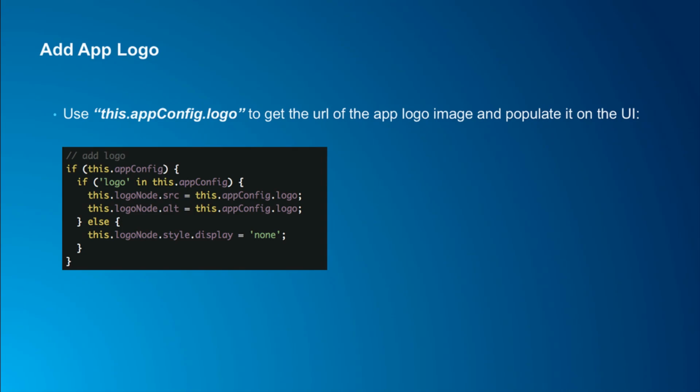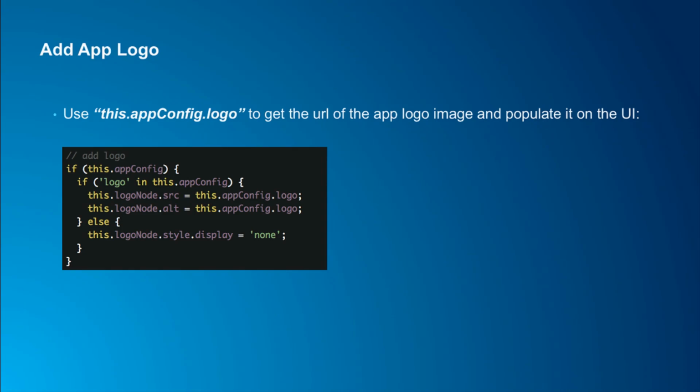Then we get into the step to actually add or define the user interface for that sidebar controller. So the very first step is to get the app configurations. So we use this .appConfig within the widget.js file.